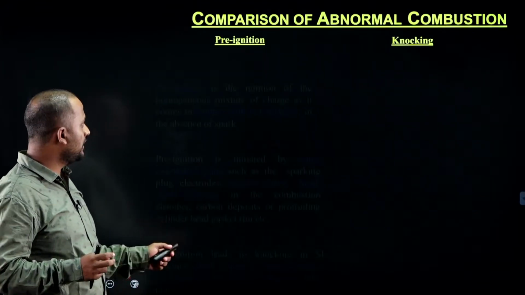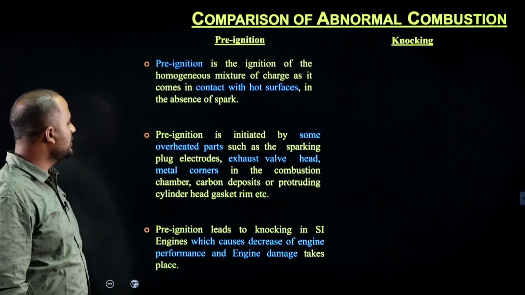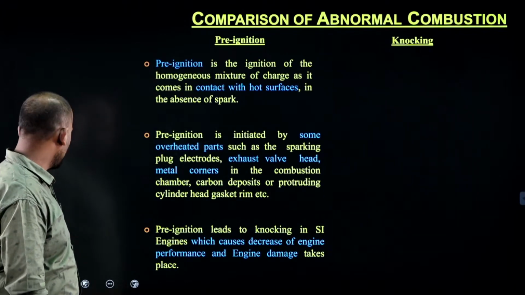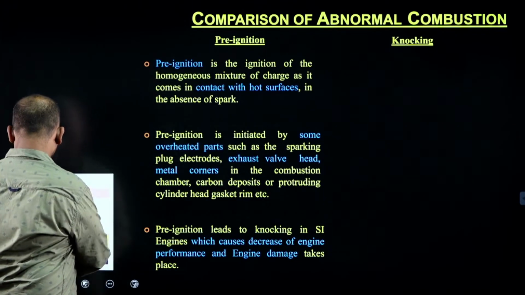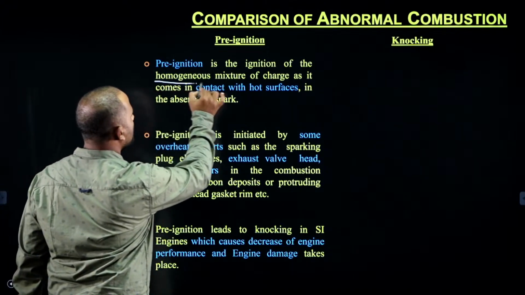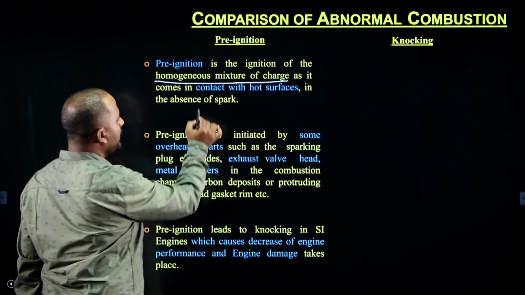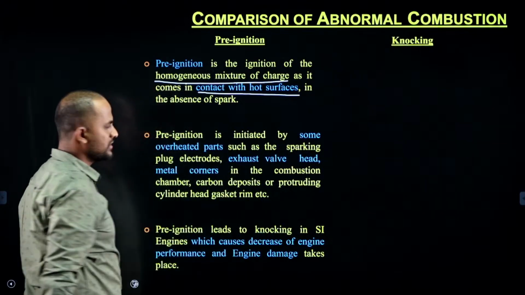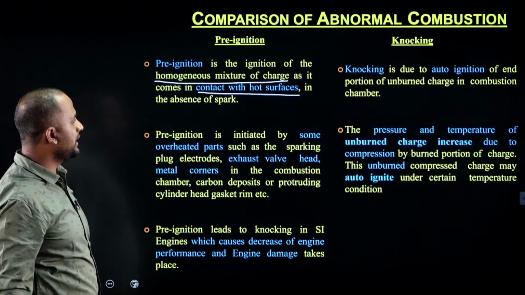Now let us see the differences between the pre-ignition and the knocking. What does pre-ignition mean? Pre-ignition means this homogeneous mixture of charge will be in contact with the hot surfaces, which leads to the pre-ignition.